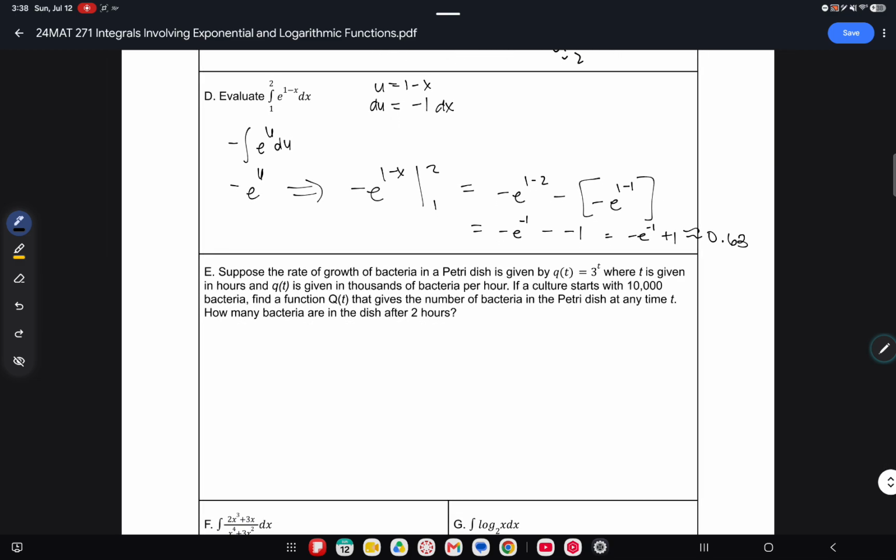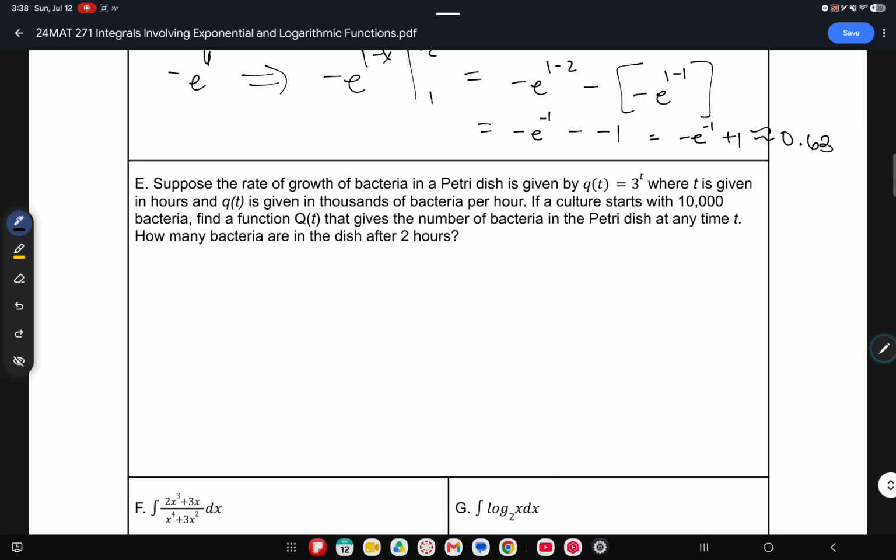Another word problem here. So suppose the rate of growth of bacteria in a petri dish is given by this function. If the culture starts with 10,000 bacteria, find a function that gives the number of bacteria in the dish at any time, and then how much is in the dish after 2 hours.